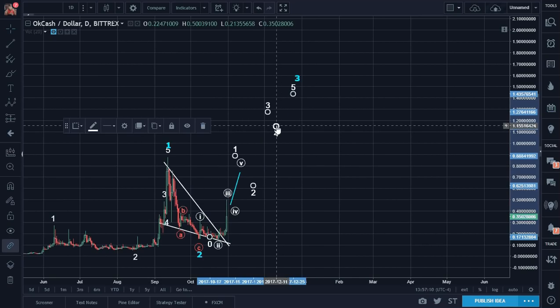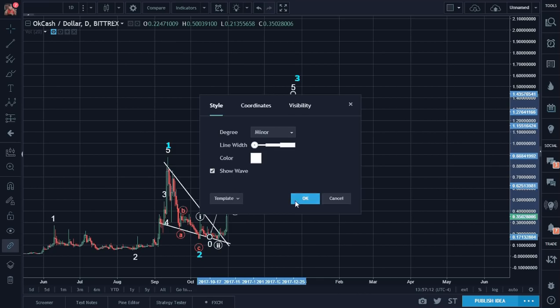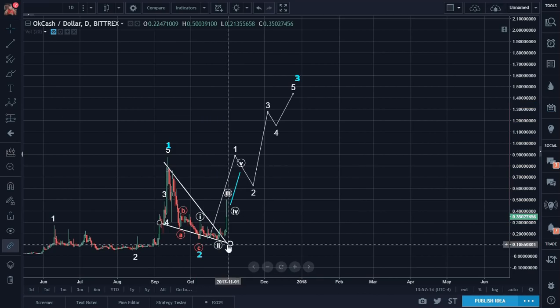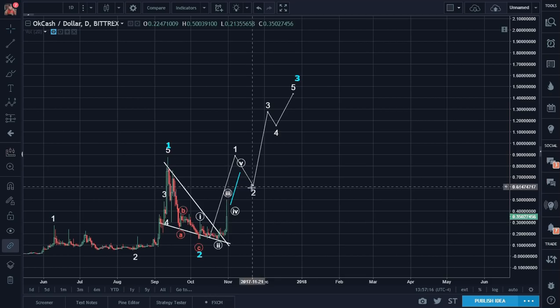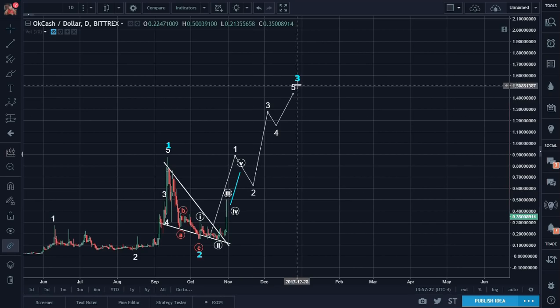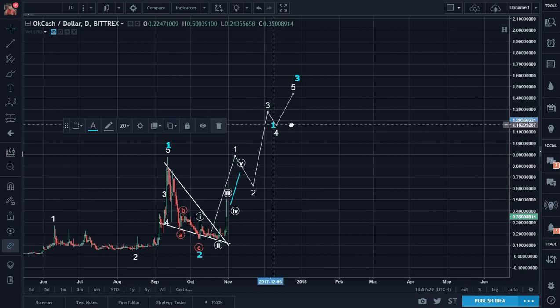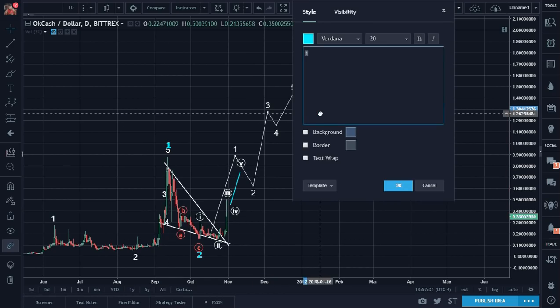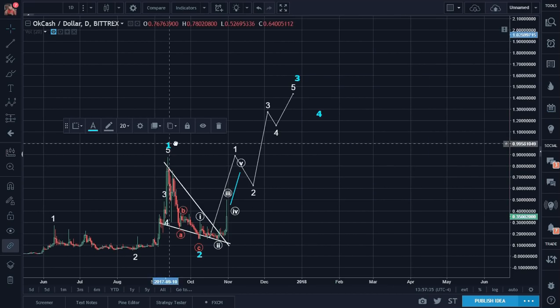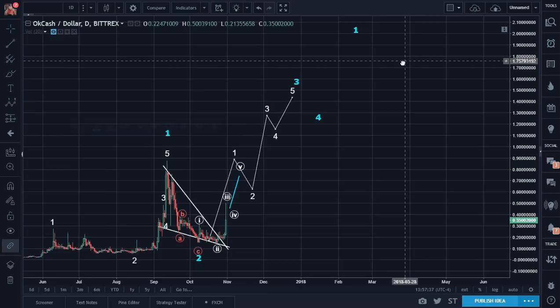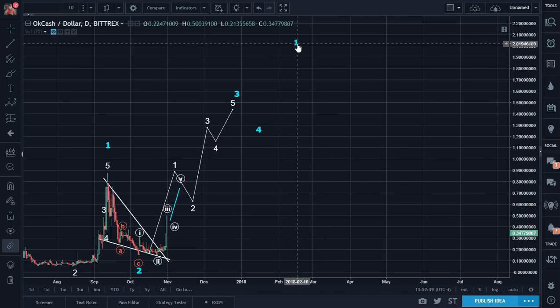Minor degrees, keep the lines. So 1, 2, we're putting in right now the subwaves of 1. 2 will happen, 3, 4, 5. 3 will be placed. Okay? And then there will be a 4. Do you see where I'm going with this under potential?